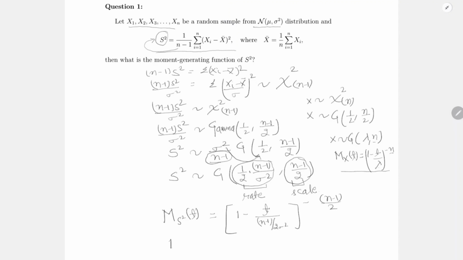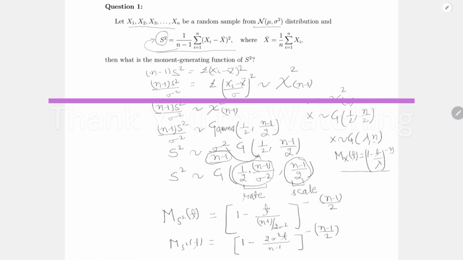Now we can simplify it a little bit more. 1 minus, this 2 sigma square will come in the numerator, 2 sigma square t upon (n minus 1), right? And here it will be to the power (n minus 1) by 2. So this will be the moment generating function of s square.